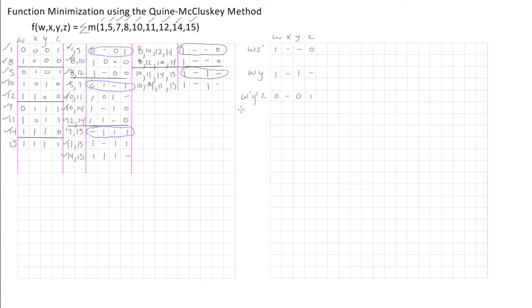Next, moving on to the 5 and the 7. 0, 1, dash 1. And I hope I'm not driving you nuts by going this slow, but I do not want to mess this up. And our final term, dash 1, 1, 1. The equivalent to X, Y, Z. Right? Yep. All right.